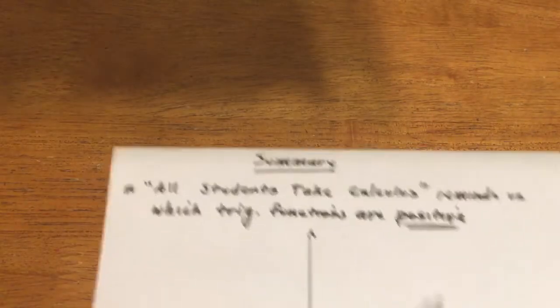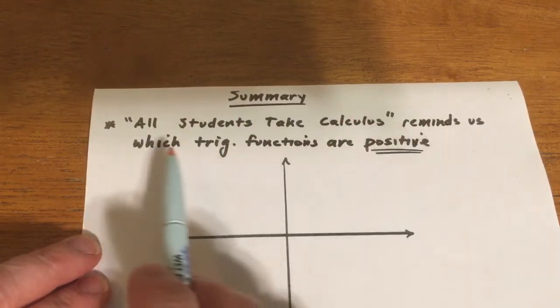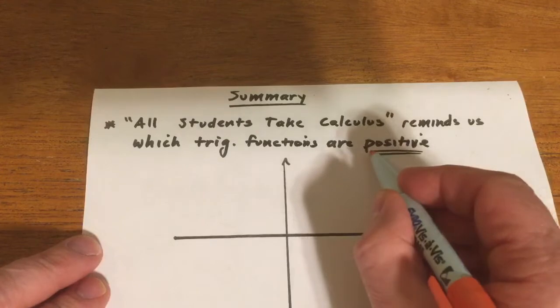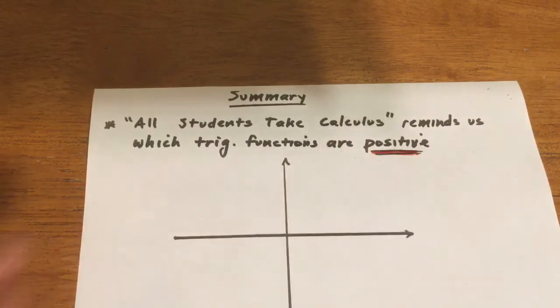Let's take a look at that briefly. On the back of this sheet is a summary. And it just tells us all students take calculus, reminds us which trig functions are positive. That's all that it tells us. So let's take a look at quadrant number 1.